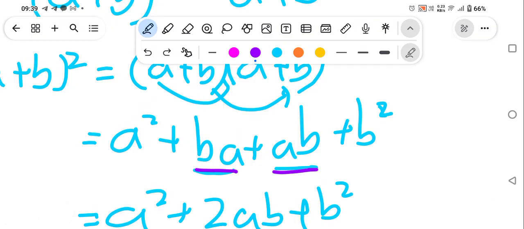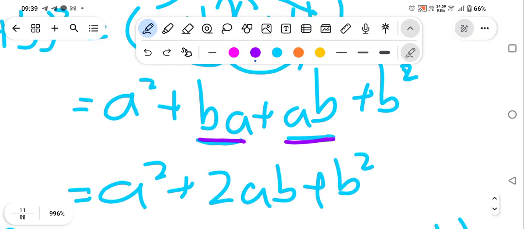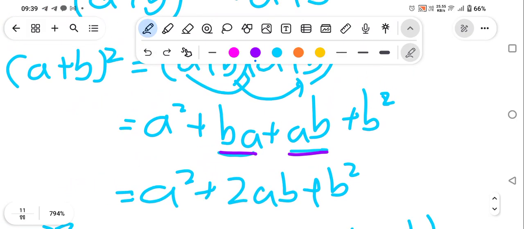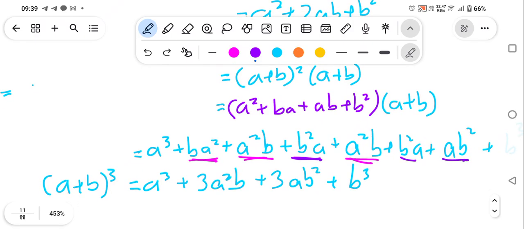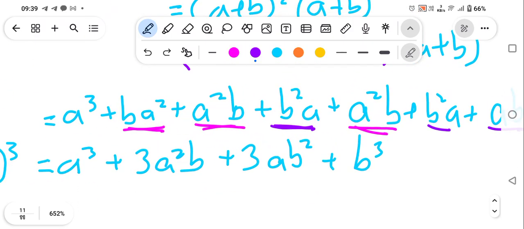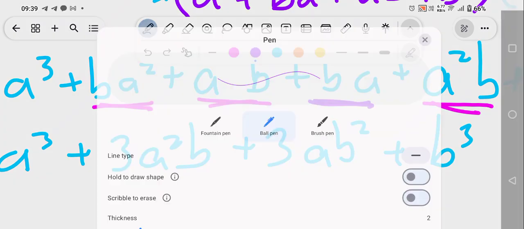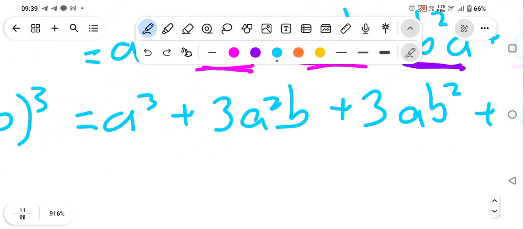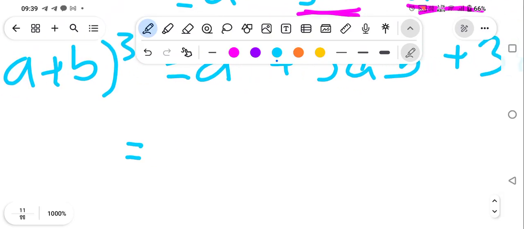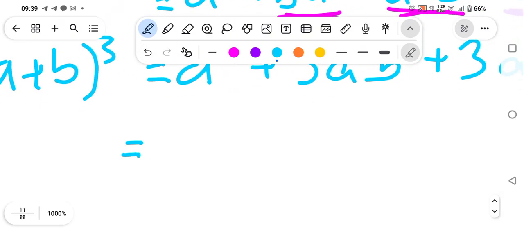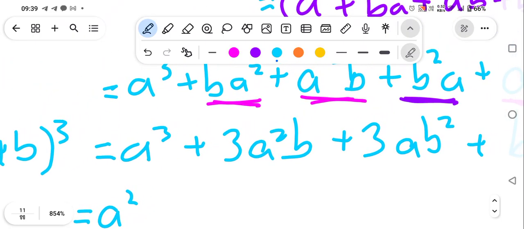It means the b is multiplied first and the a is multiplied first, and we just combine them together. So if we actually write this differently, what we will get is this. Based on what we just multiplied, I'm not going to multiply everything again. I'm just going to do this.